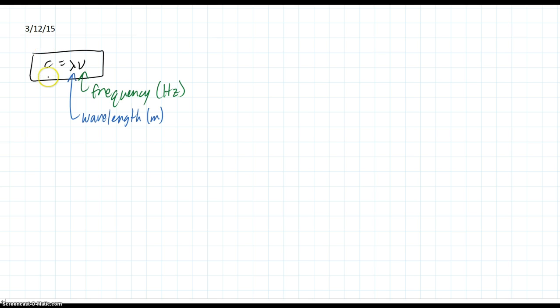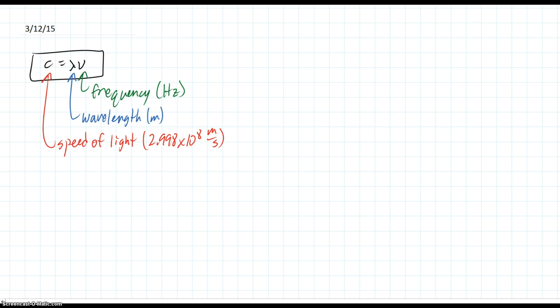And then the speed of light c is a constant, equal to 2.998 times 10 to the 8 meters per second. And that speed of light is the same no matter what type of electromagnetic radiation we're talking about.